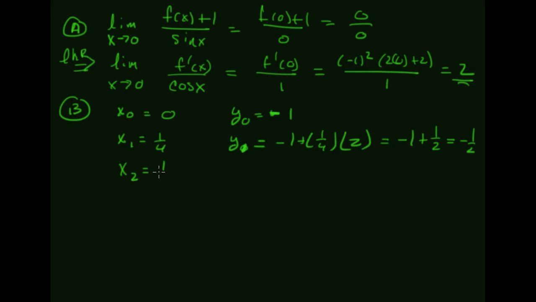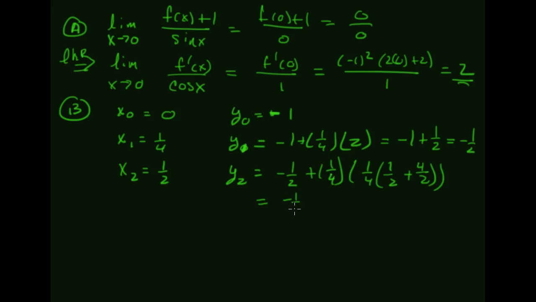X sub 2 makes the second step to a half. Y sub 2 says start at -1/2. Add the step size of 1/4. So let's see, we're going to take y squared, which is going to make that a 1/4, times 2x, which makes that a half, plus 2, which 2 is the same as 4/2, right?